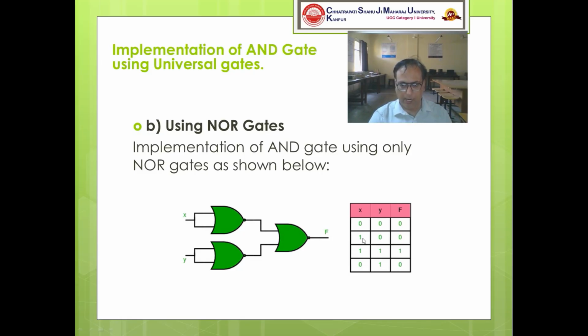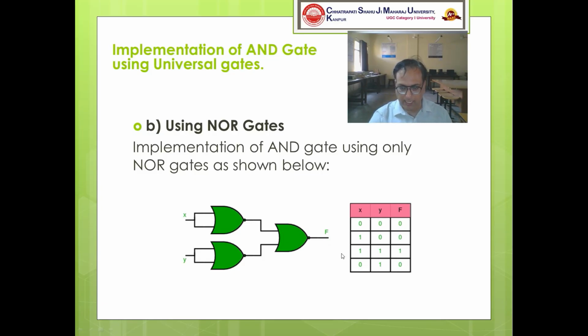Now let us see the second row. If X is 1, the output of the first NOR gate is 0. If Y is 0, the output of the second NOR gate will be 1. With 0 and 1 as inputs, the output of the third NOR gate will be 0.